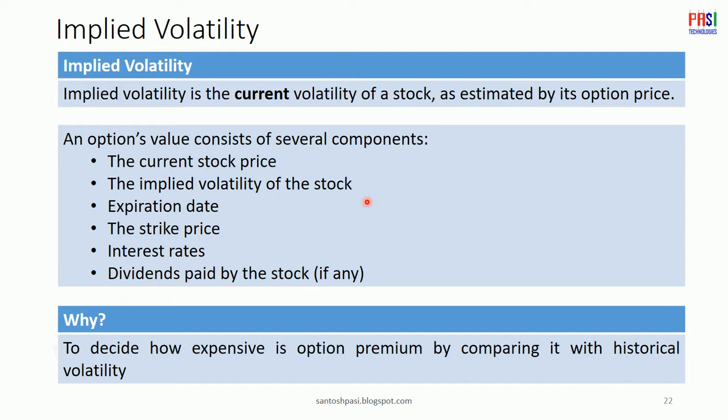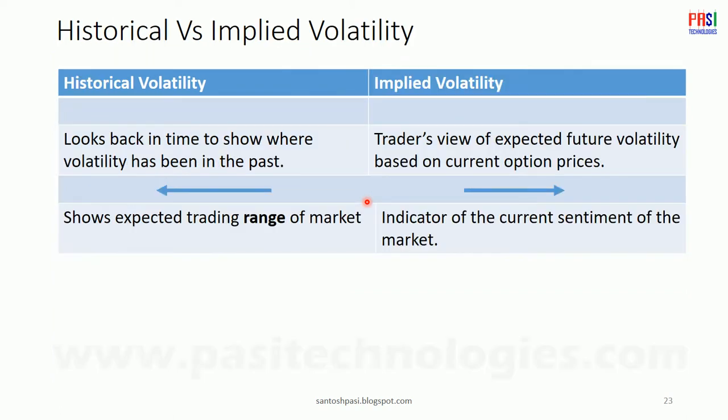Those things would impact your implied volatility. So normally we compare historical volatility versus implied volatility to identify if my option premiums are expensive, neutral or cheap, and based on that we decide if I should go for credit strategies or debit strategies.